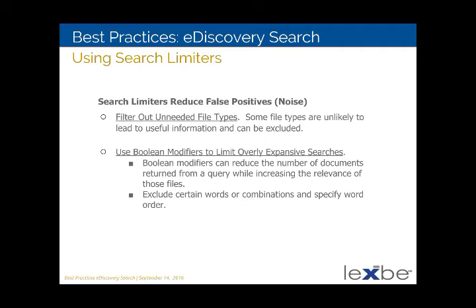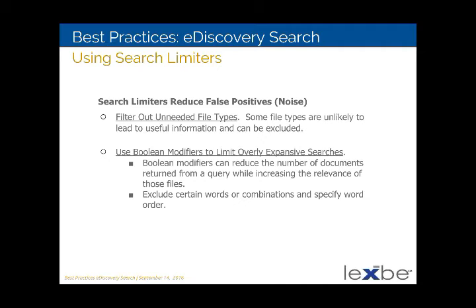You can also use your Boolean modifiers to limit your overly expansive searches. So again, being an iterative process, this idea of searching is going to evolve the more that you do it. So the first time you put in a keyword, you might say, wow, I can't work with 10,000 documents. I did not expect this to return this many.